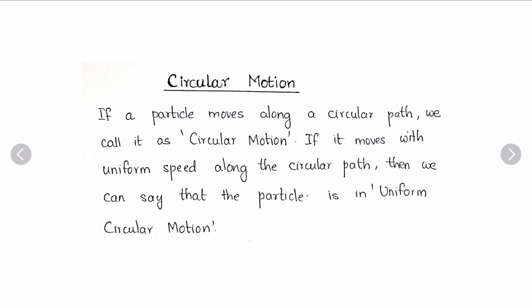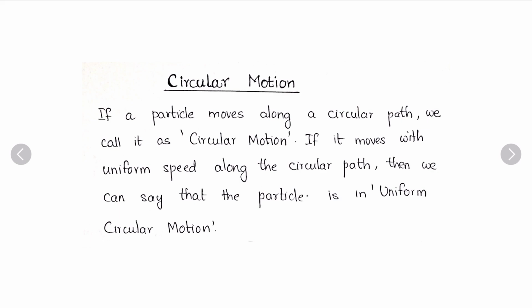For example, a fan moves in circles, and a potter makes pots, where the pot makes rotational motion. Of course it is rotational motion, but the particles move along circles. Like that we have so many examples.